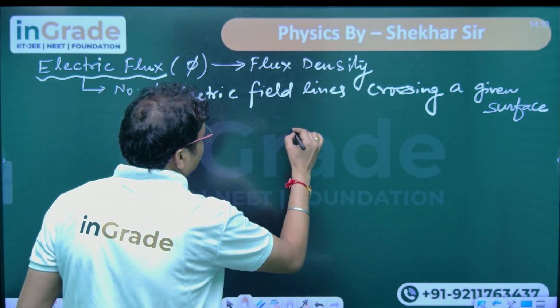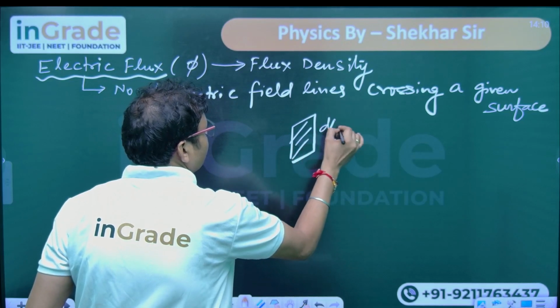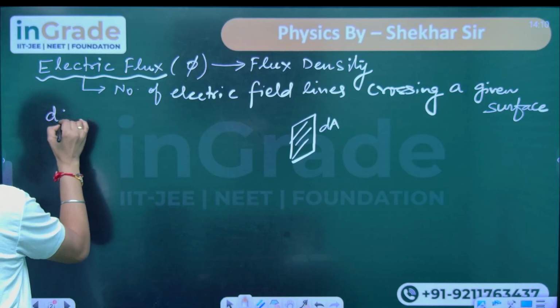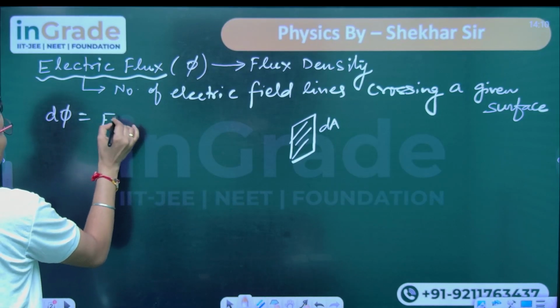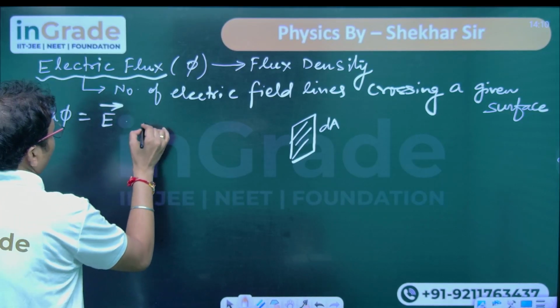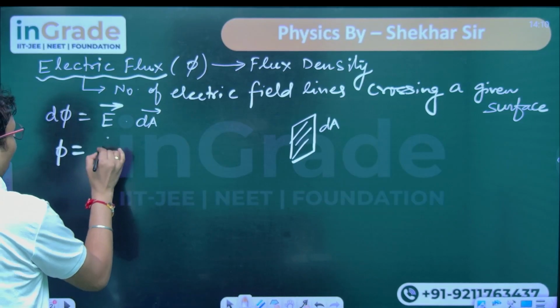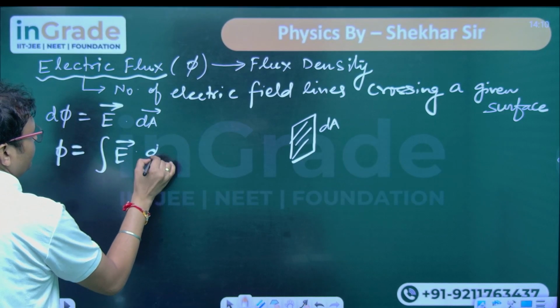For a small element area dA, we can say d phi is equal to the electric field vector dot dA vector, or phi can be called the integration of E dot dA vector.